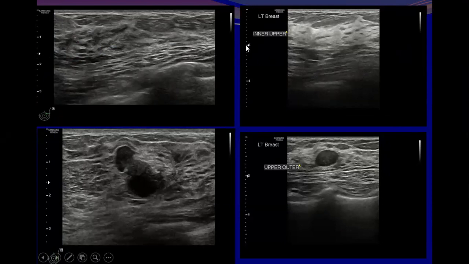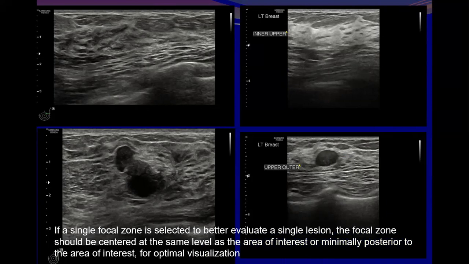While scanning these patients at the same focal zone, we could appreciate these lesions, and we could see them well because the same focal zone came at the center of the lesions. And for these lesions, because the breast is thin and the focal zone is slightly behind the lesions, the image is also good and we could visualize the lesion well.